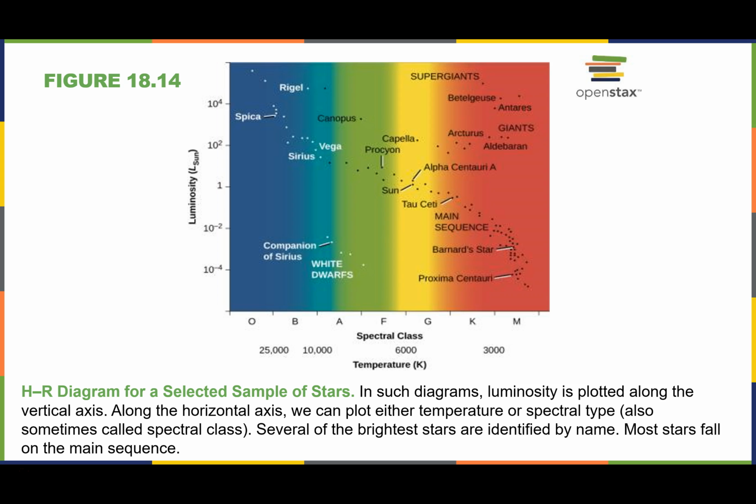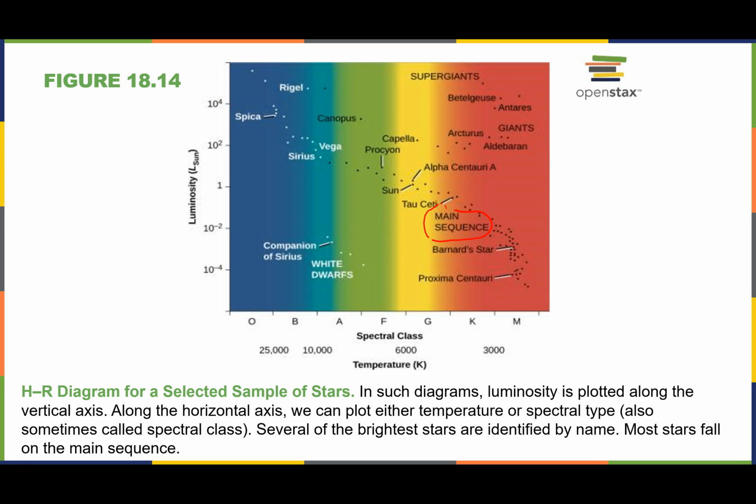We'll be talking more about these, but there are a few terms. I'm going to circle the terms that are written in capitals. Main sequence: these are main sequence stars. Up here, there are some miscellaneous stars.